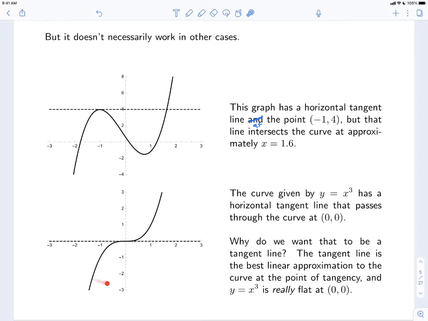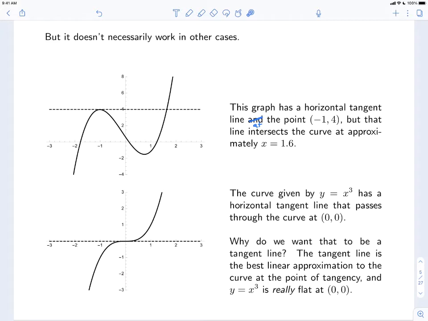This curve that you see here is the graph of y equals x cubed, and it has a horizontal tangent line that passes through the curve at the origin, the point (0, 0). That's the x-axis. Now, why do we want that to be a tangent line? The tangent line is the best linear approximation to the curve at the point of tangency, and y equals x cubed is really flat at the origin.